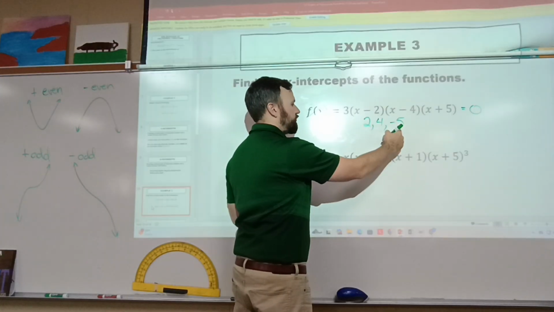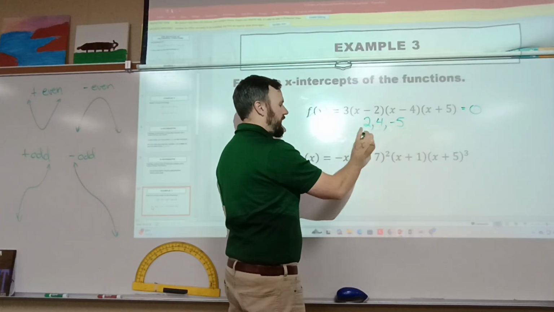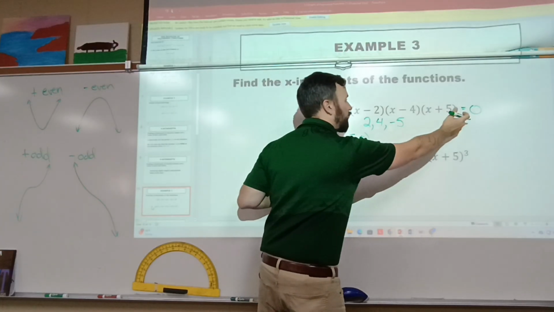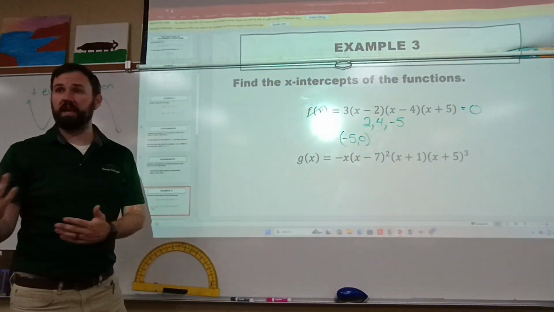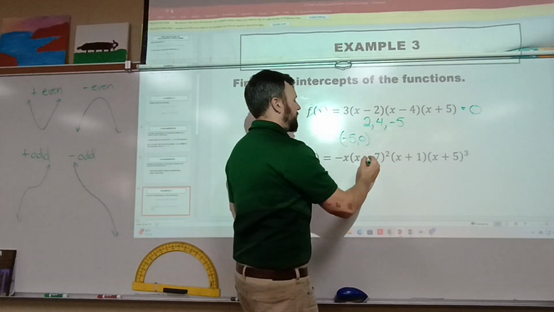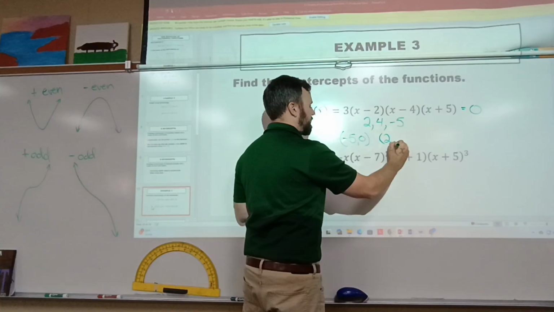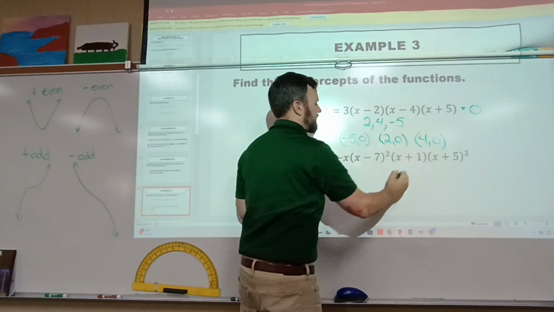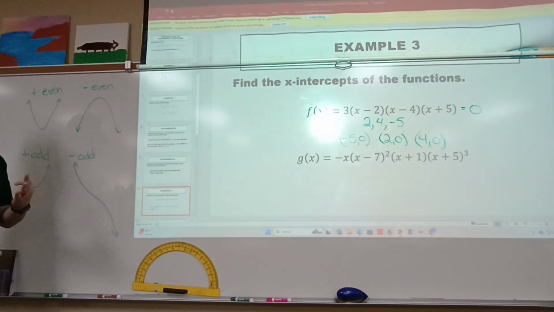Those are my x values, right? So my x-intercepts would be -5, 0, because 0 was my y when I solved for the x. That's the way I remember what the coordinate is. I would have the point 2, 0, and the point 4, 0. Those are my 3 x-intercepts.